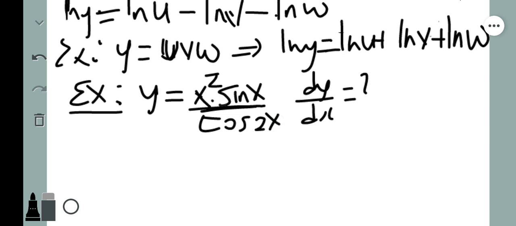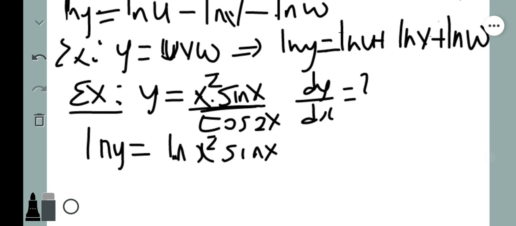And what do you do here? Apply your ln to everything. So apply ln to both sides. So you have ln y equals ln of x squared sine x over cos 2x. So from here, what do we do?